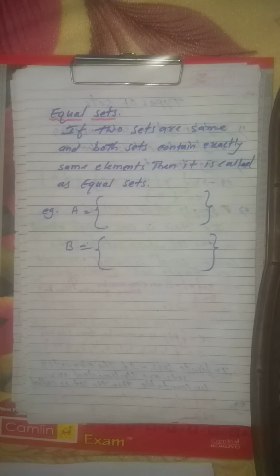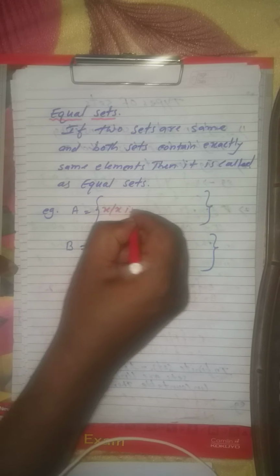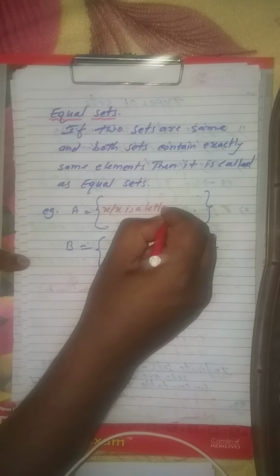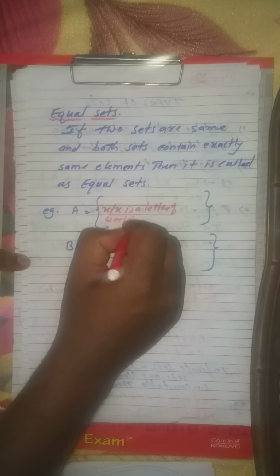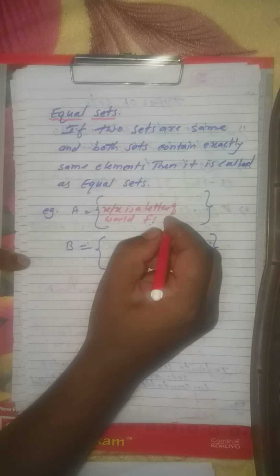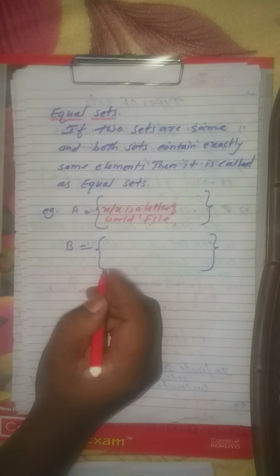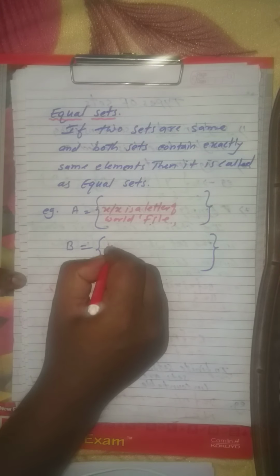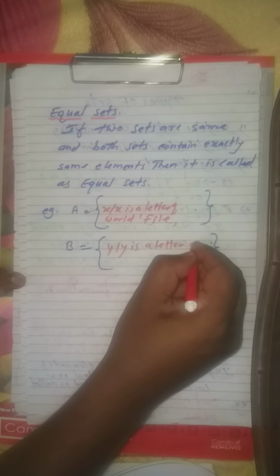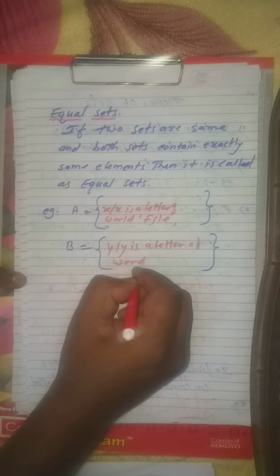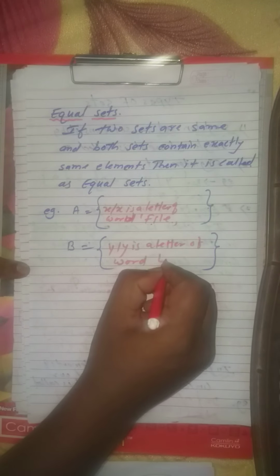We can take the example: A is x such that x is a letter of the word FILE, and another set is given, B is y such that y is a letter of the word LIFE.